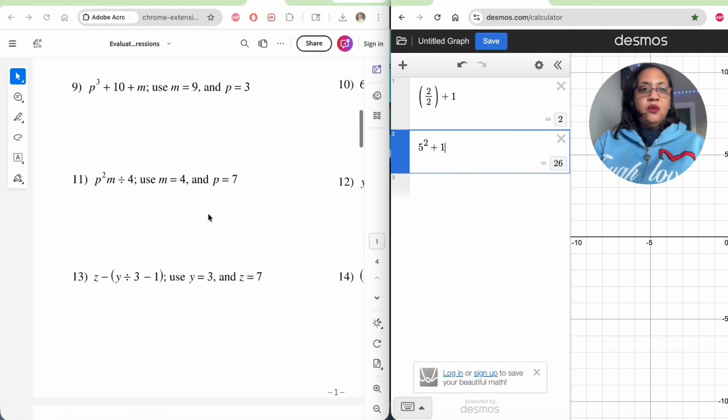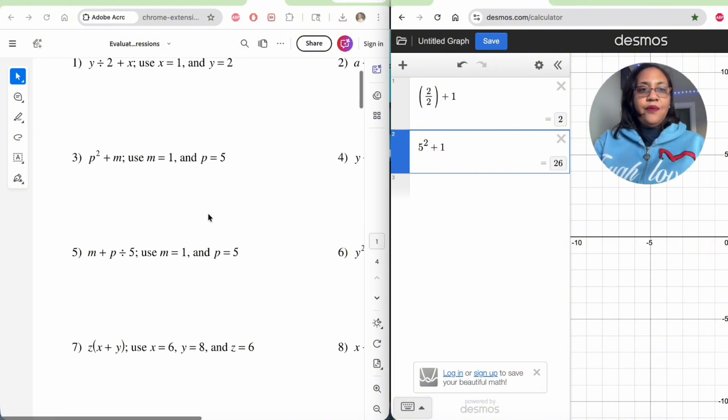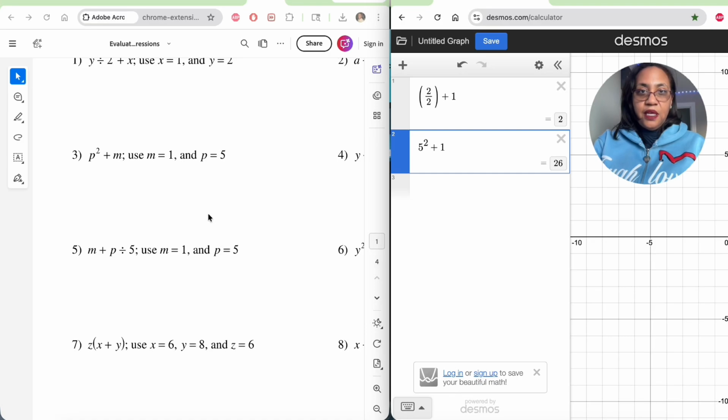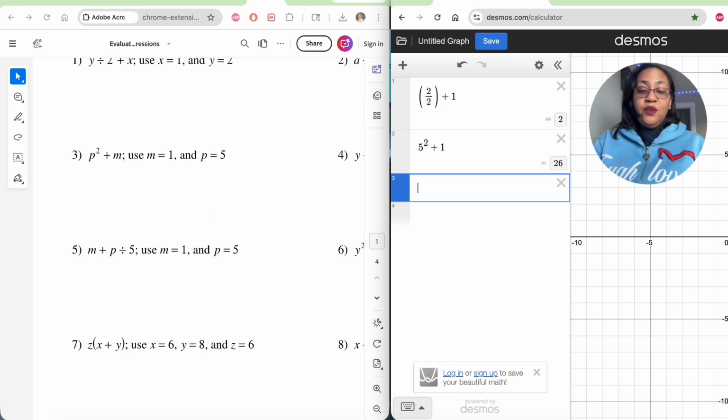Okay, so I recommend that if you want to get good at these, you write them down first by hand, and then you do them, and then you plug these numbers in to a calculator like Desmos, right? You can use the Inspire calculator as well.